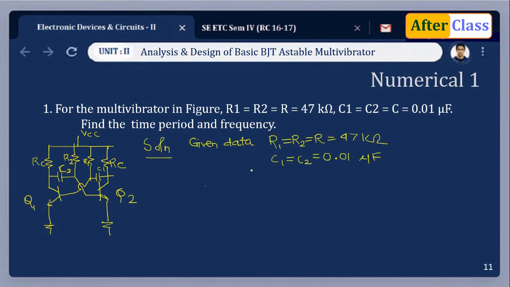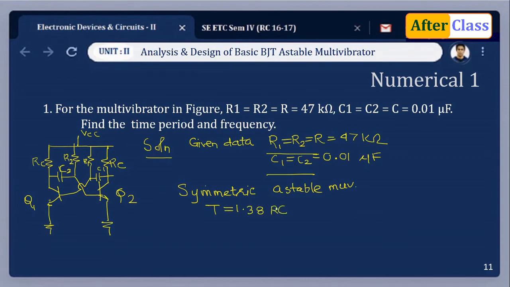Since we have taken R1 equals R2 equals R and C1 equals C2, this is a symmetric astable multivibrator.